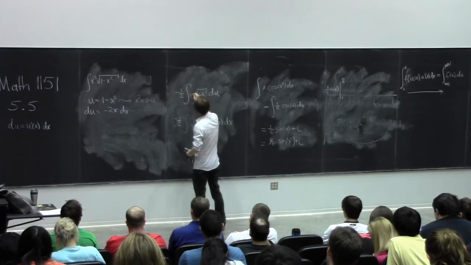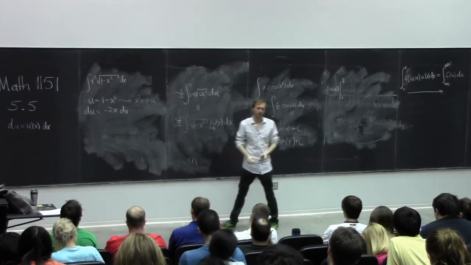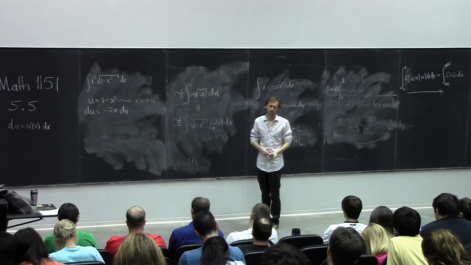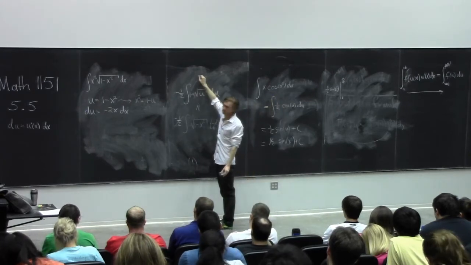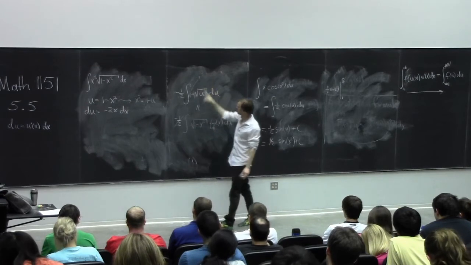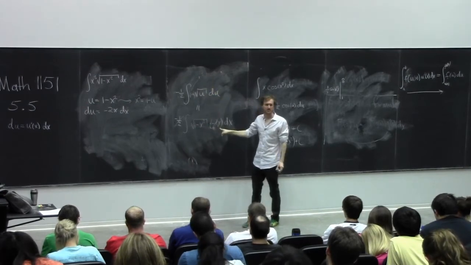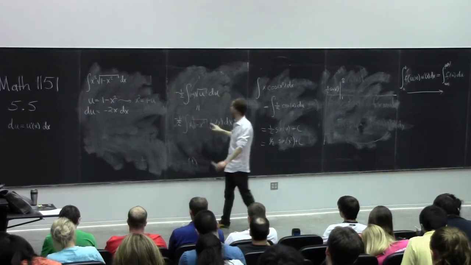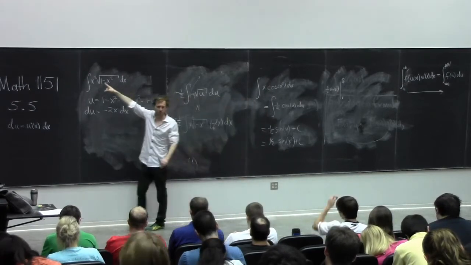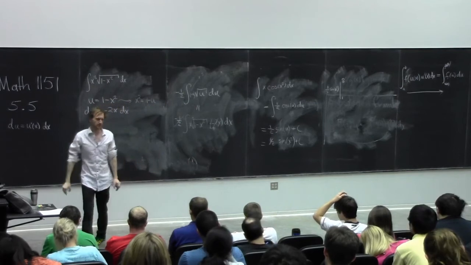What if I put 1 minus u here? What's 1 minus u equal to? That's equal to x squared. There's the x squared that will turn this into an x cubed. Now I have an x squared here, and yes, now this is equal to the original integral.